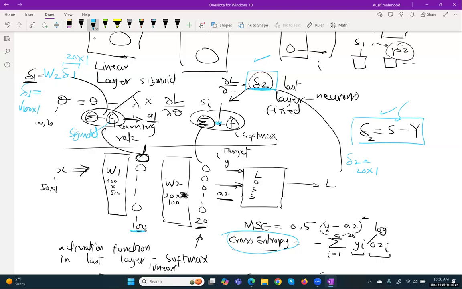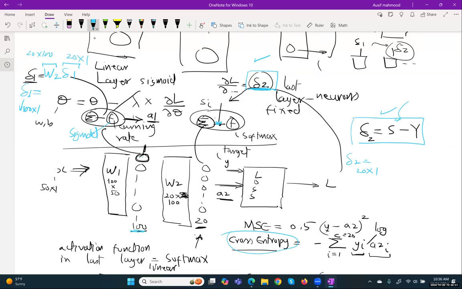Okay, so now let's see, what do we put over here? If I say W2, what's W2? 20 by 100. So will this work? No, I cannot multiply 20 by 100 with 20 by 1. So what will I have to do to get to delta 1? You guys got it, transpose, very good.